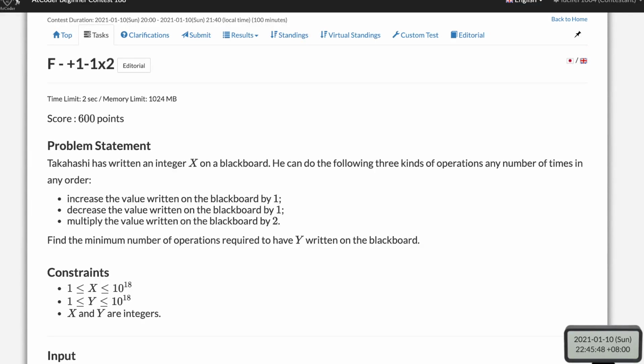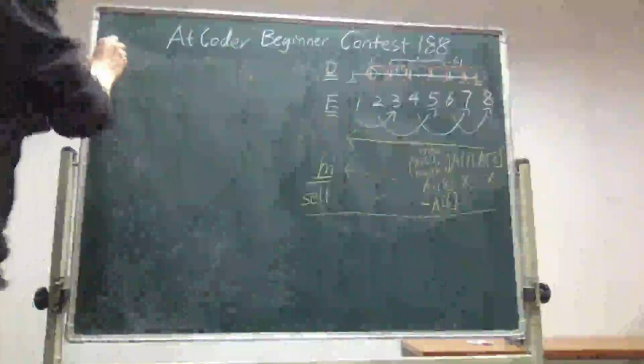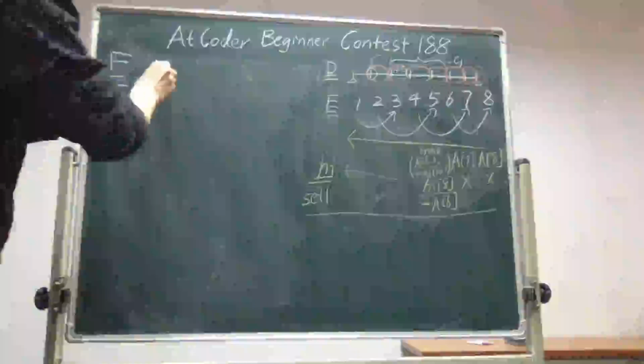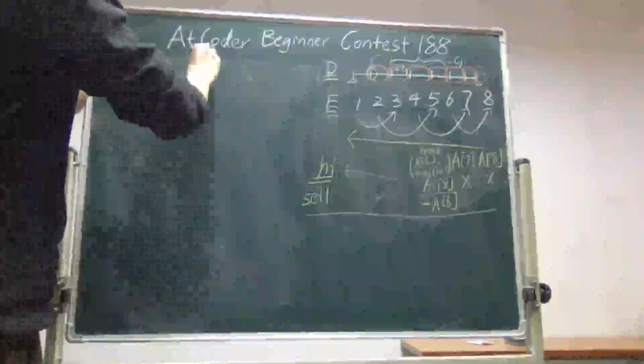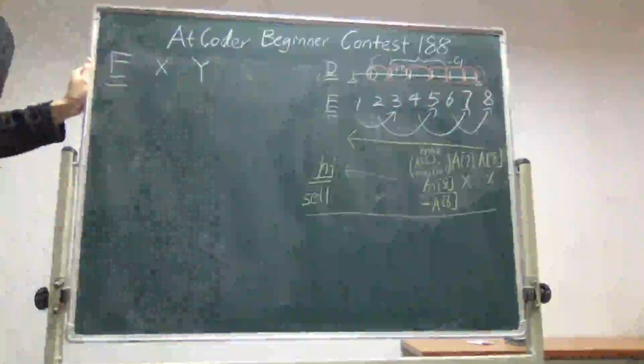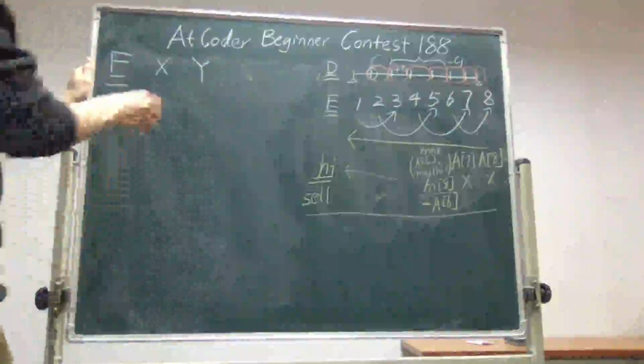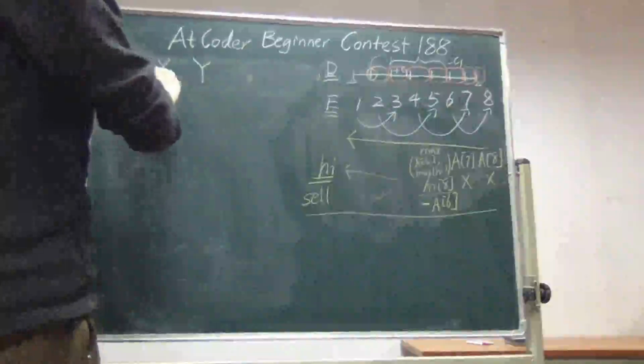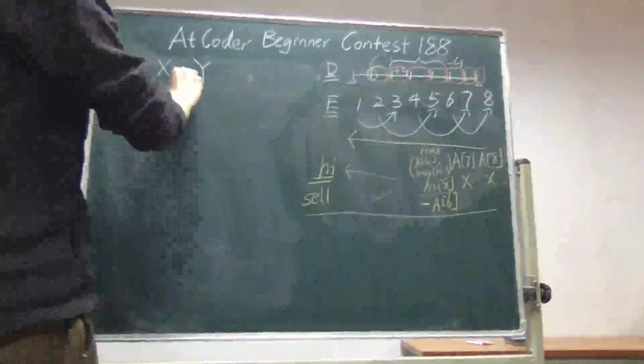So in this problem, we have two integers, x and y. And we can do three types of operations. That is plus 1, minus 1, and times 2.